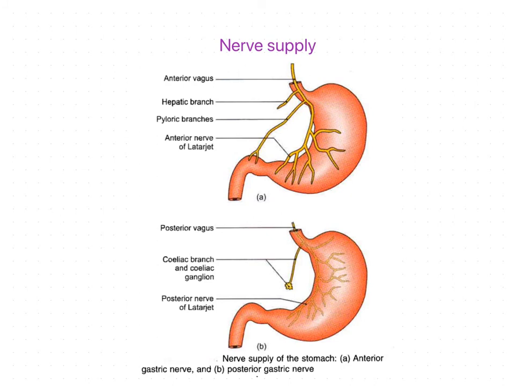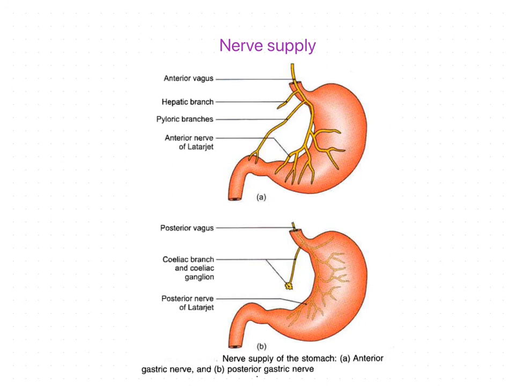This is the parasympathetic supply by the anterior vagus. Anterior vagus is formed by the left vagus nerve. And the posterior vagus is mainly formed by the right vagal fibers, which are also supplying the posterior part of the stomach.